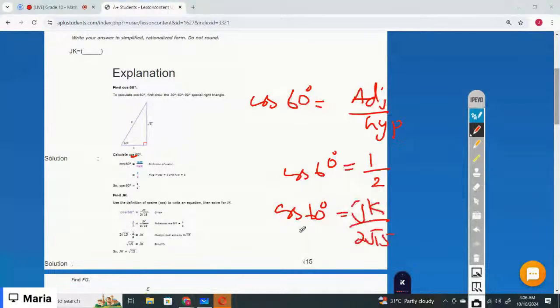We know that cos 60 is 1 over 2. So when you multiply 2 square root 15 to the other side, you are left with JK equals 2 square root 15 over 2. 2 and 2 cancel out. So JK equals square root 15. Got it?